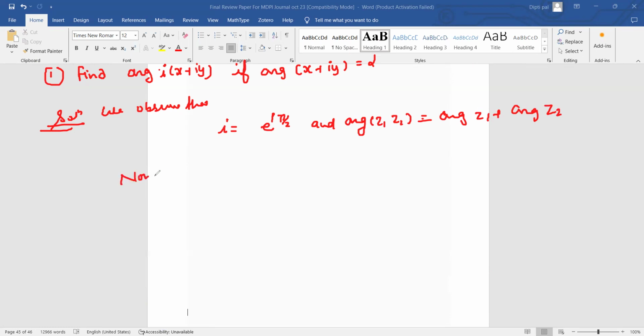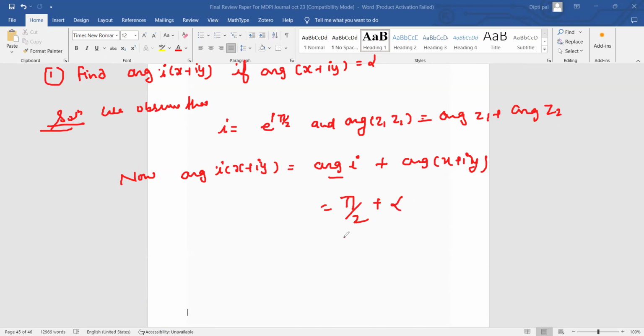Now argument of i into (x plus iy) will be argument of i plus argument of x plus iy. Here argument of i is pi by 2, so this will be pi by 2 plus alpha. The answer is pi by 2 plus alpha.